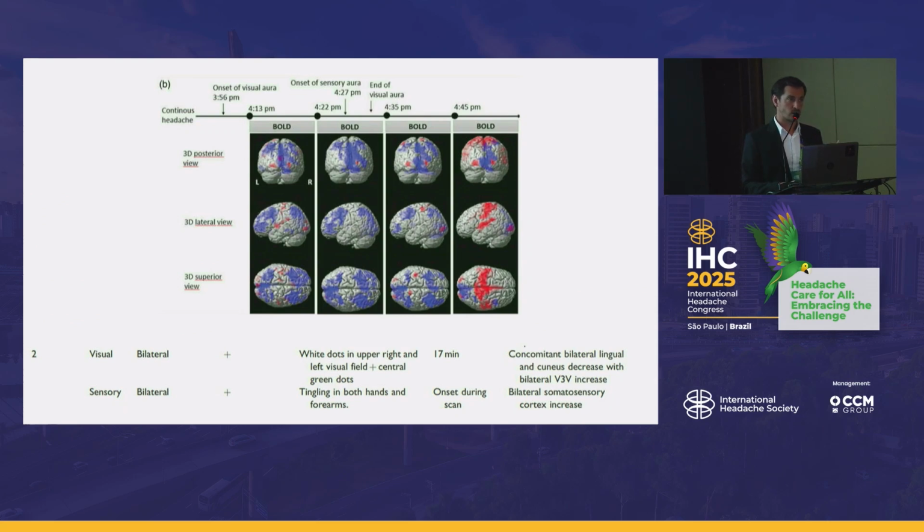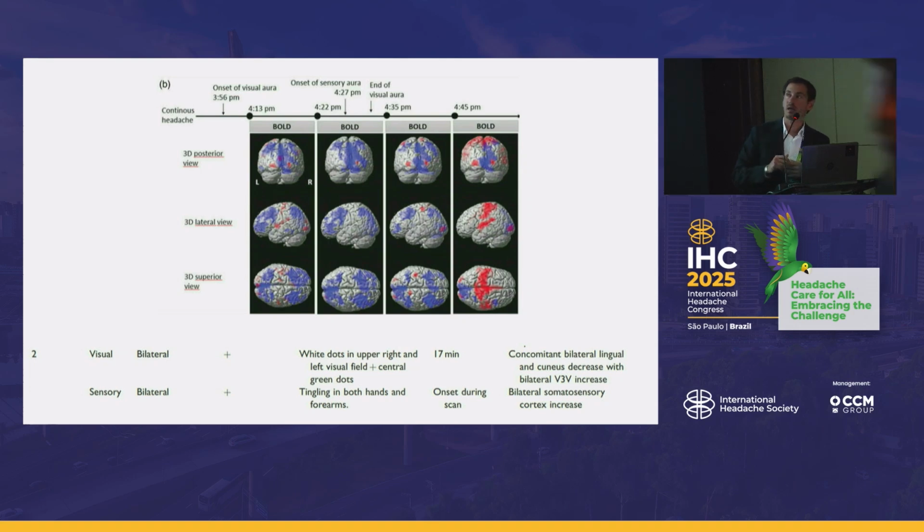We started the functional MRI. We can observe a mix of blue and red, meaning a mix of hyperactivity and decreased activity of the brain within the occipital cortex. A few minutes later, the patient reported somatosensory aura. His symptoms were bilateral. It was tingling in both hands and forearms.